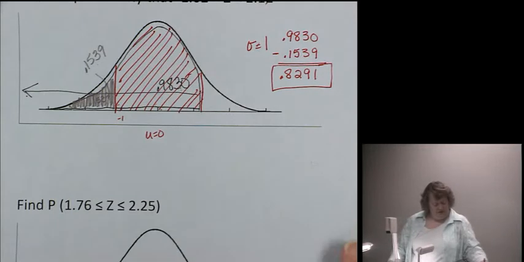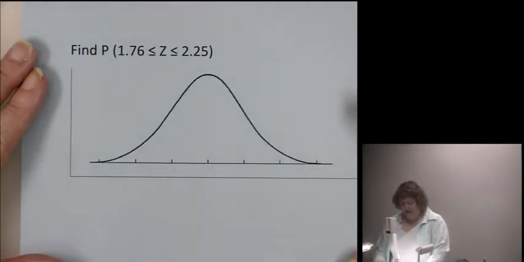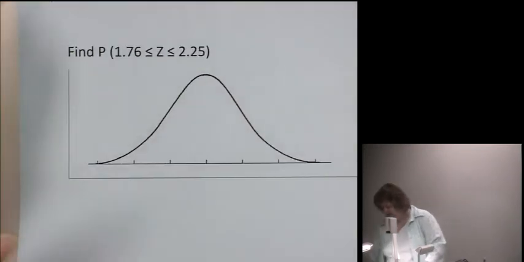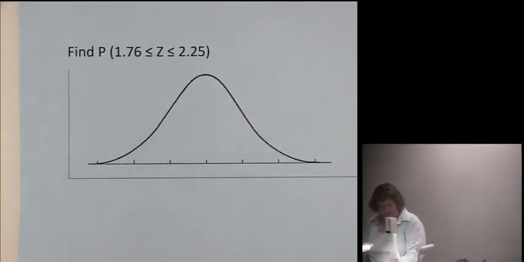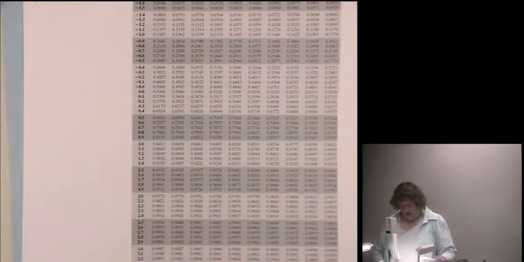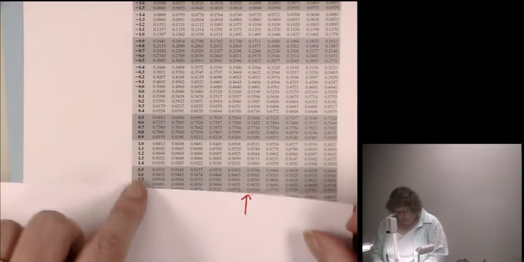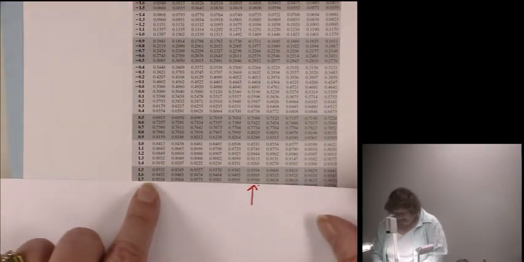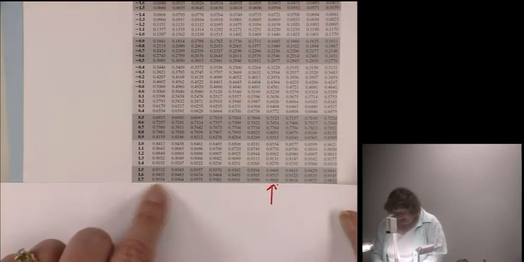And just to show you that it works the same, if both numbers are positive, let's quickly go through this example. The probability that Z is between 1.76 and 2.25. 1.7, and then go down the 6th column.